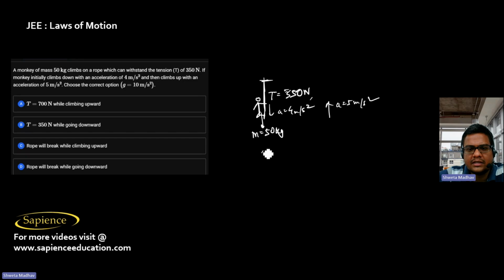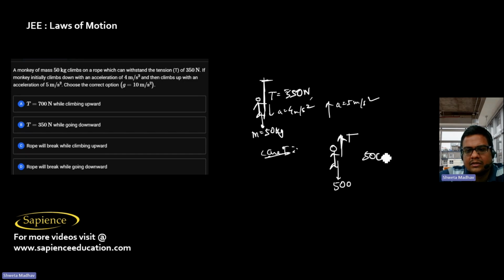So in case 1, when the monkey is climbing down, then what is happening? The tension force is acting upwards, the reaction of the tension on the monkey, and 50 into g, so 500 Newton is acting downwards.